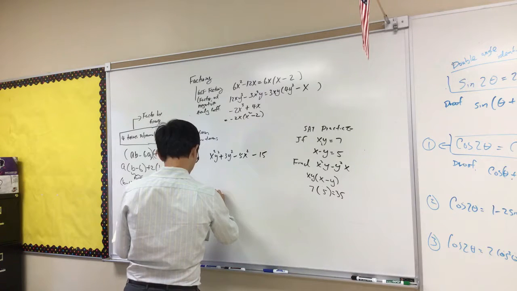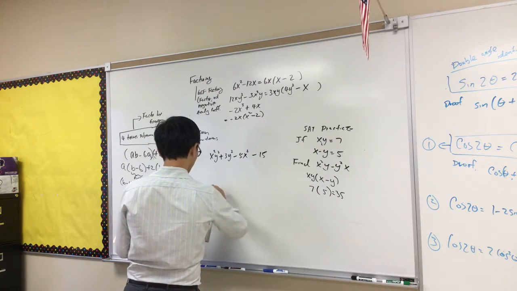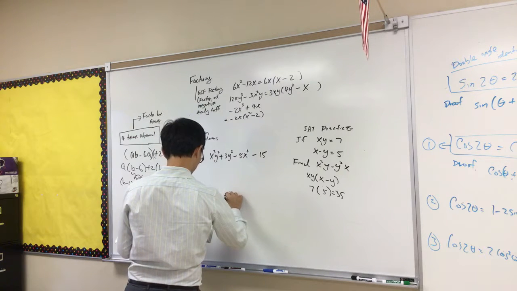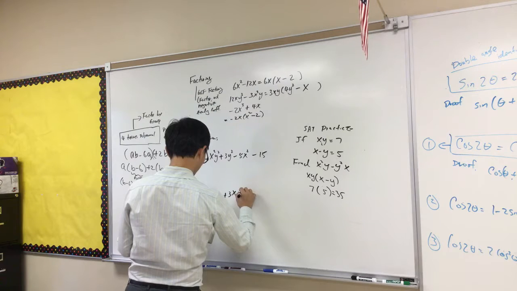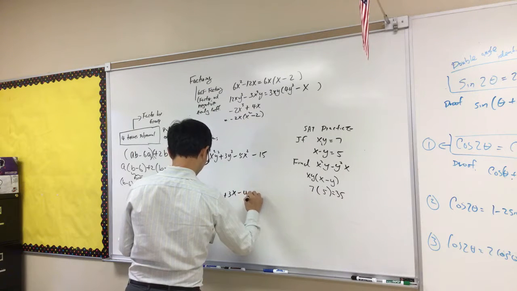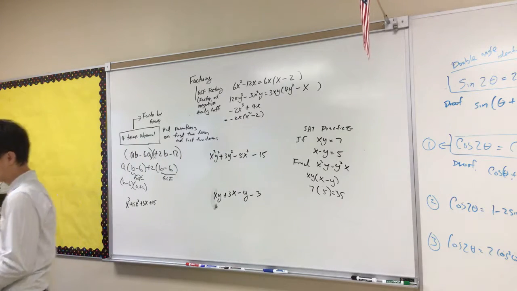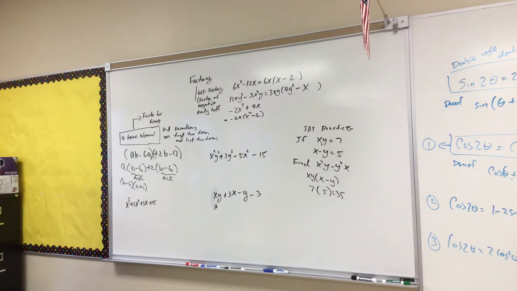And the third one is xy plus 3x minus y minus 3. So there are 4 questions here involved with that.